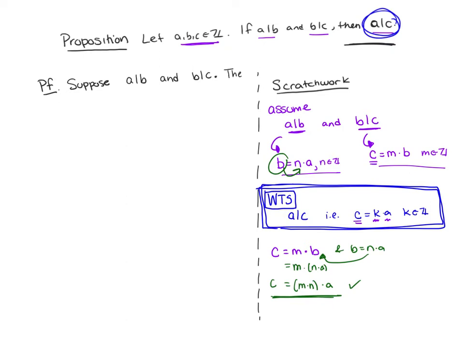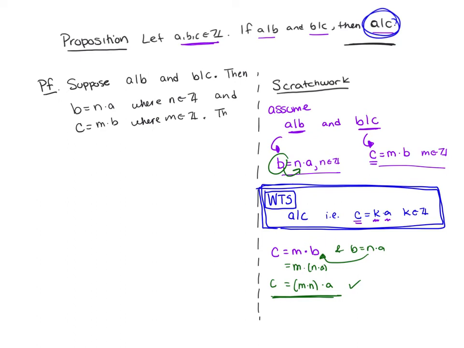Then, by definition, we know that b must equal n times a, where n is an integer, and c must equal some m times b, where m is an integer.